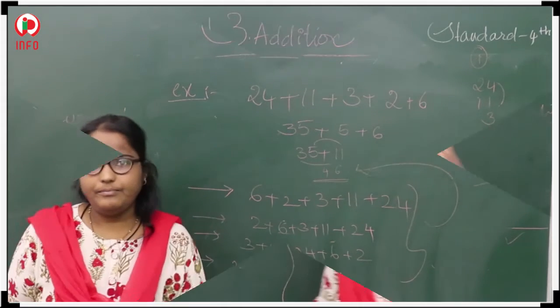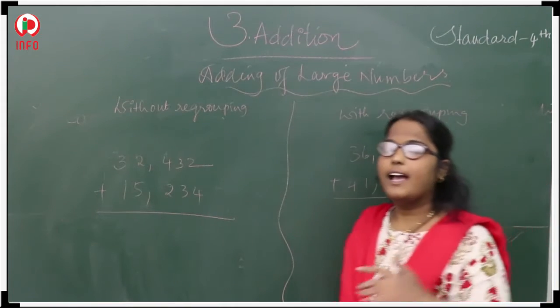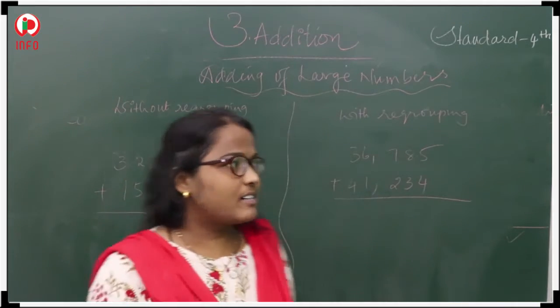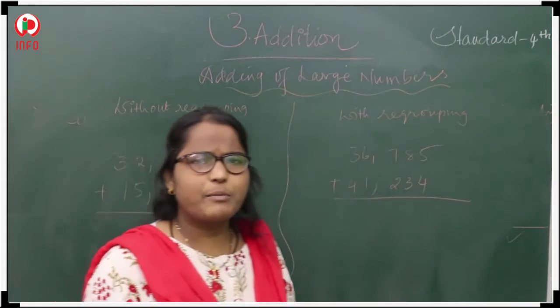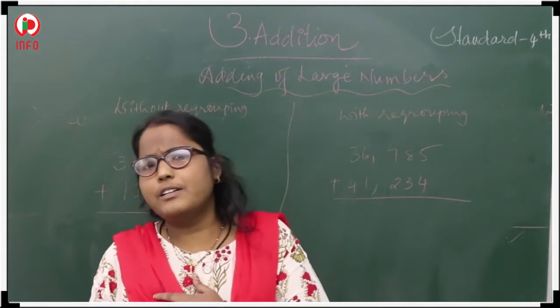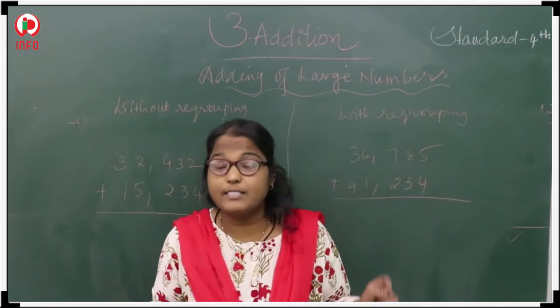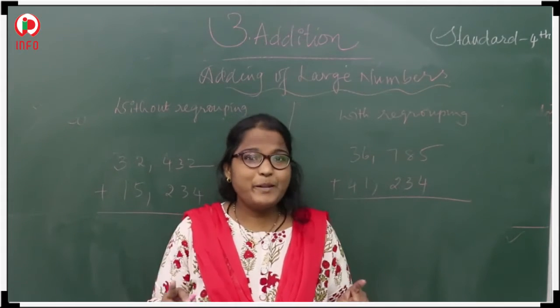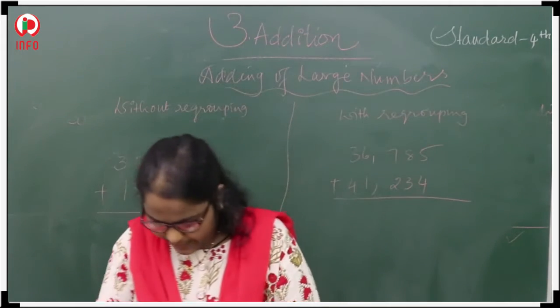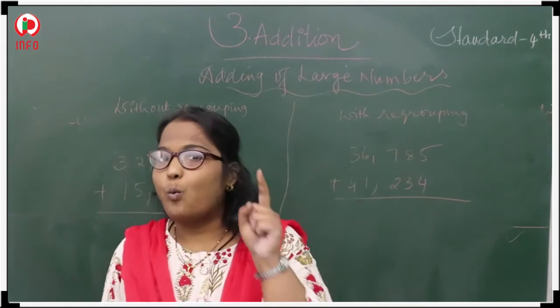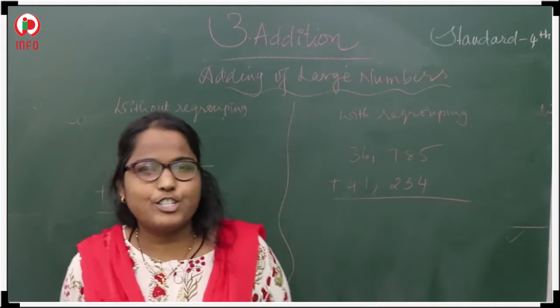Yes. The next concept is adding large numbers. It's just like adding small numbers; the same way we need to add the numbers. But you should keep in mind that you should always start with the ones place. Where do we need to start, children?